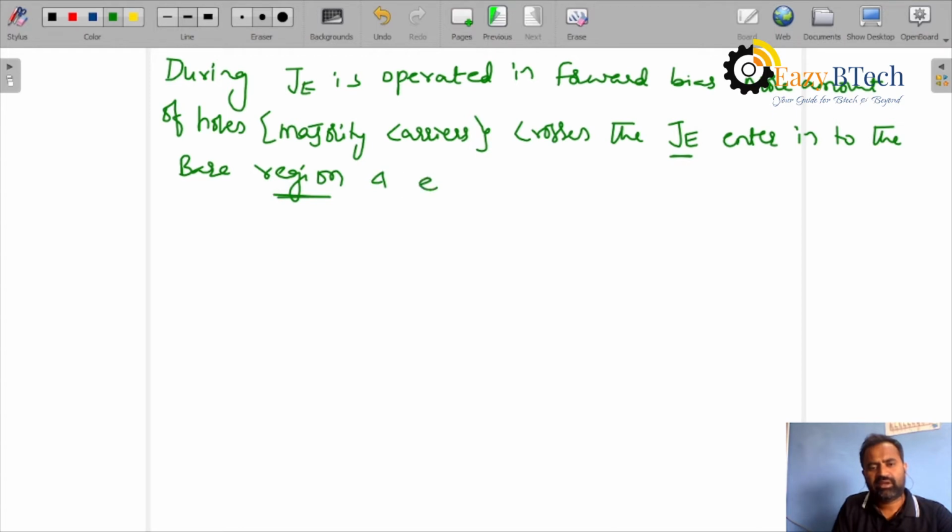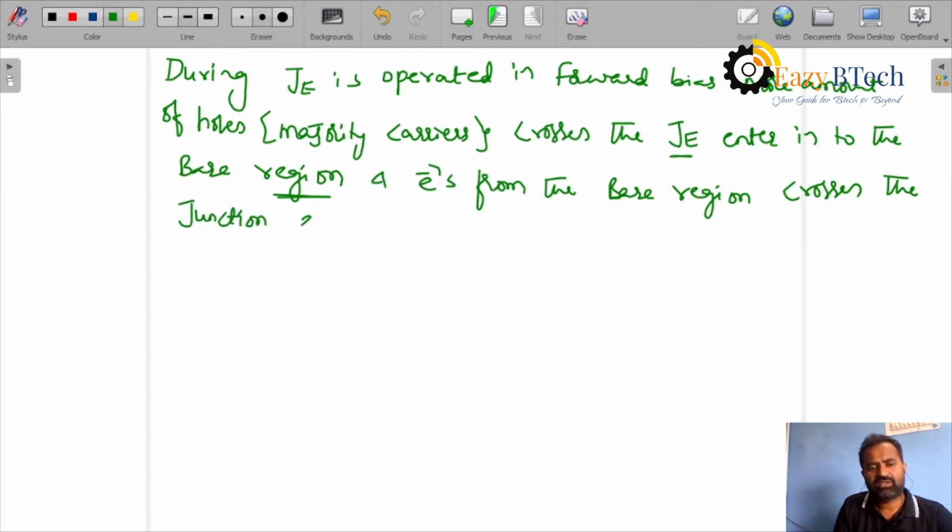and electrons from the base region cross the junction and enter into the emitter region. Okay.